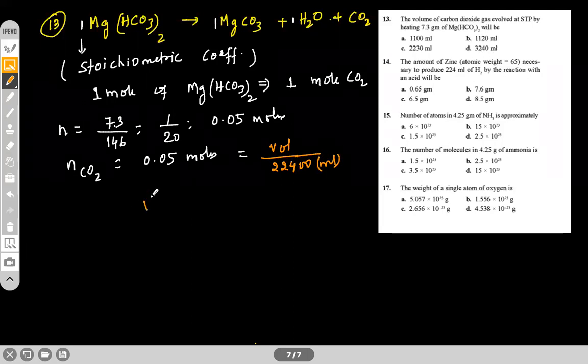When you solve this, the volume of CO2 here is 1120 ml. This is the answer, the first one, option B.